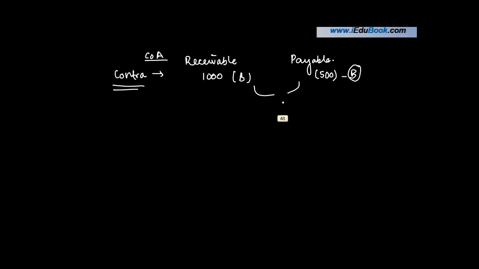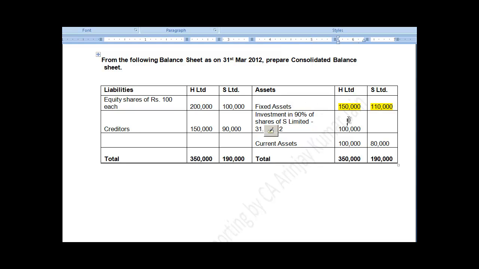Right? Now, if you apply this logic here, what is happening is that there is certain amount of investments which are done by H Limited into S Limited, which is its subsidiary. When you are trying to consolidate this balance sheet, you will eliminate the investment insofar as it pertains to S Limited.